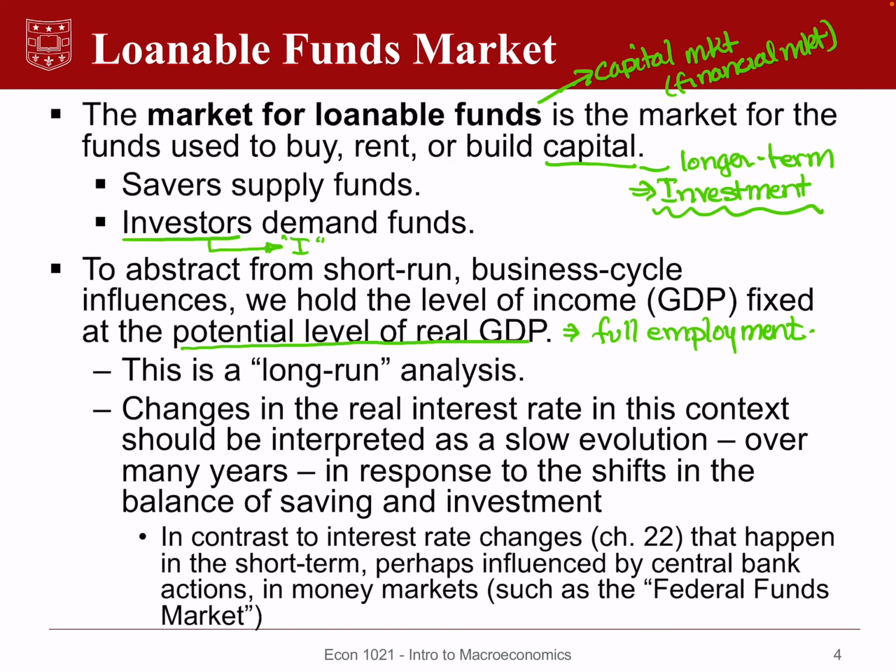This will be in contrast to interest rate changes that we see, particularly in Chapter 22, that happen in short term money markets, perhaps influenced by central bank actions. So we will have two notions of interest rates by the time we're done with this course: one that evolves in the long run, and then short run interest rates that bounce around a little bit more.